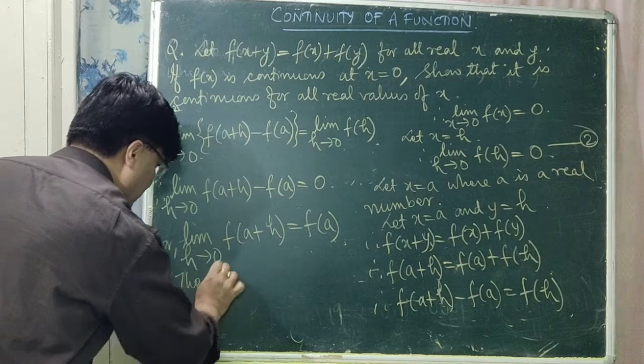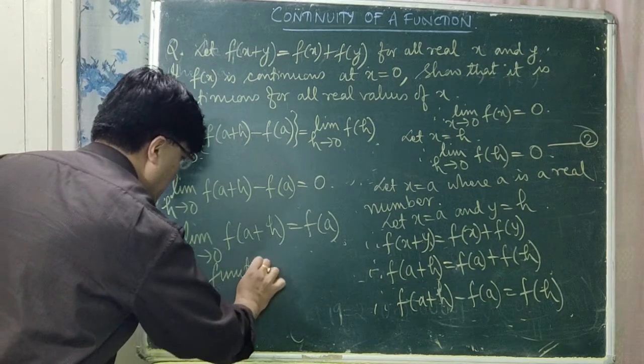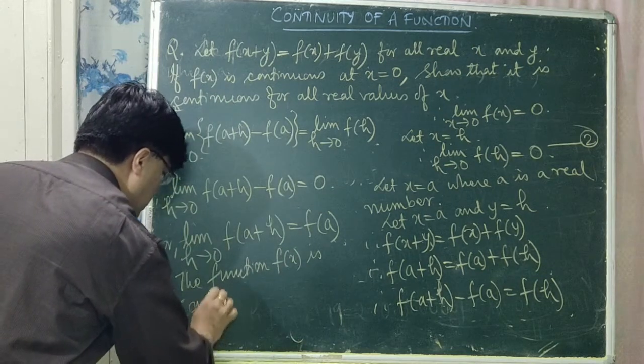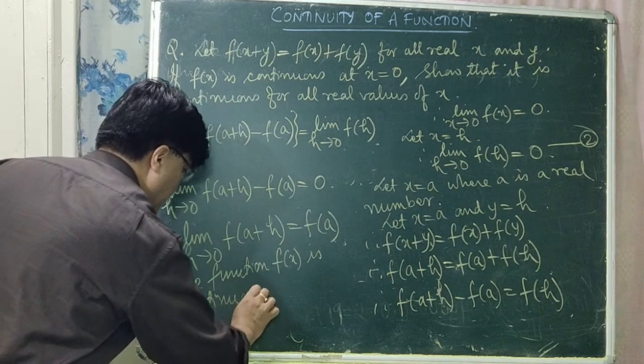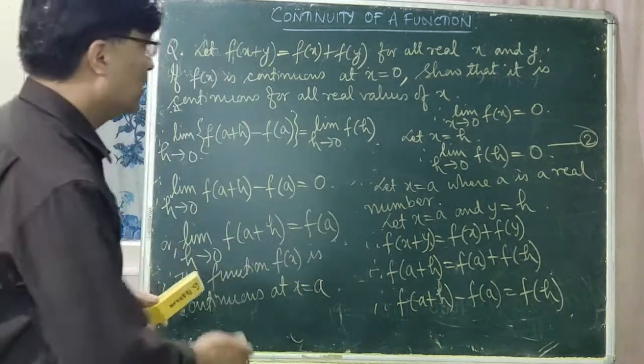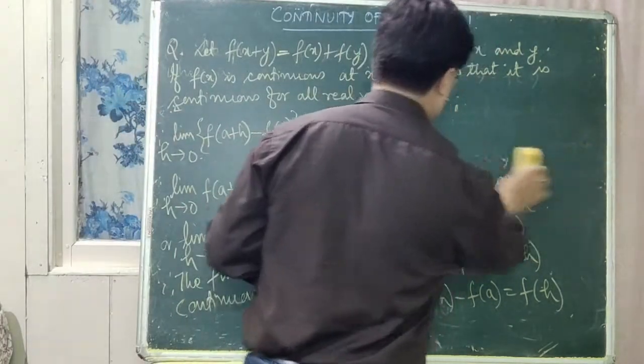Therefore, the function f of x is continuous at x is equal to a. Now since a is any real number, isn't it?